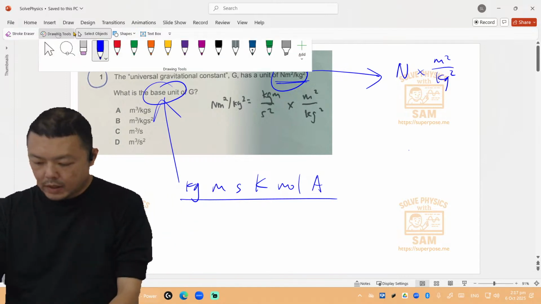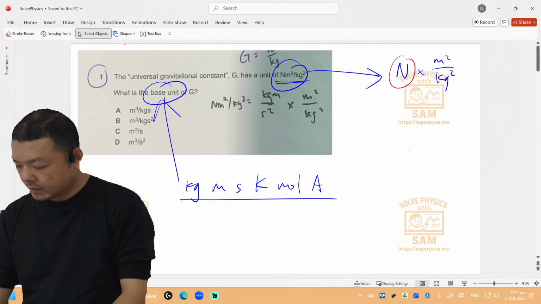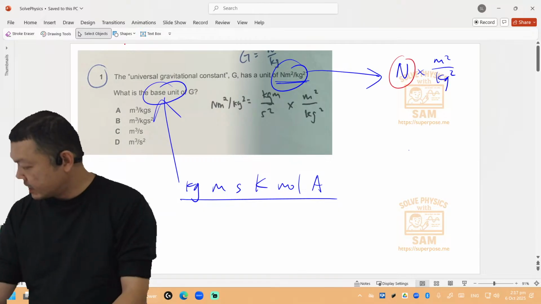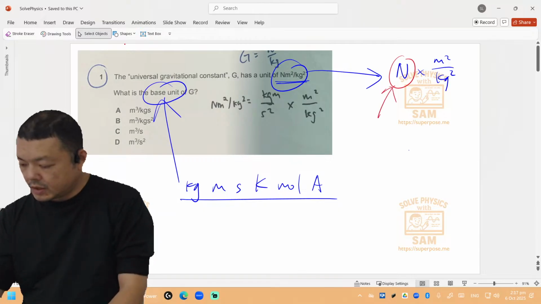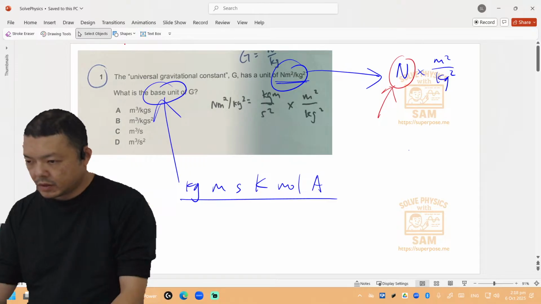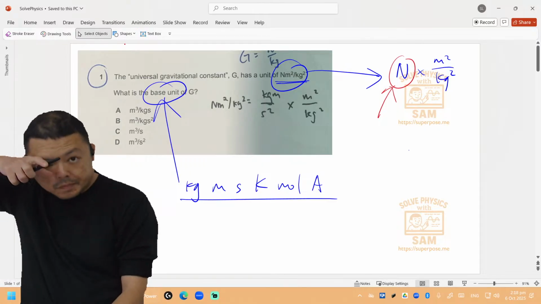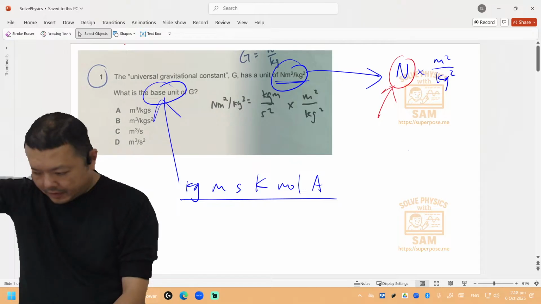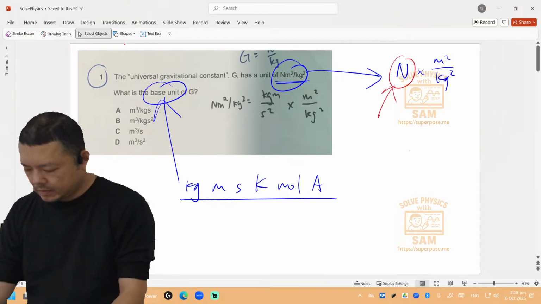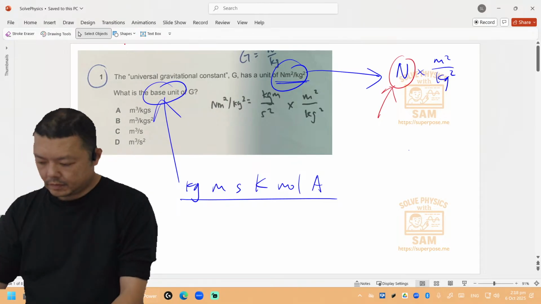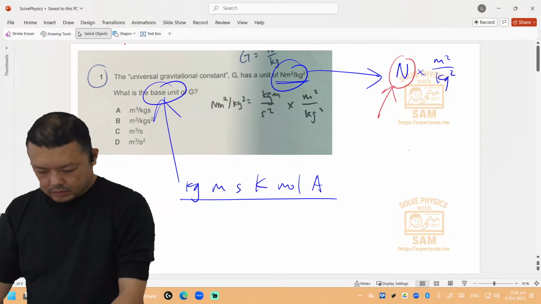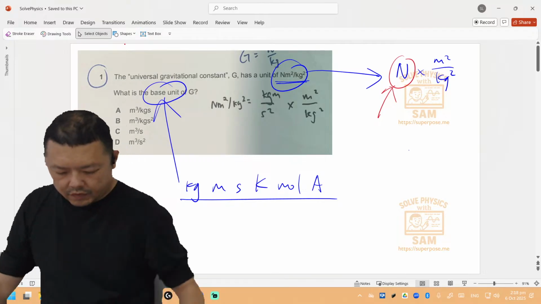So how do we know what to convert the newtons into? We have to think of a formula. So newtons is for what? What's the units of newtons for? Give me an equation for force. Think of an equation for force for me.